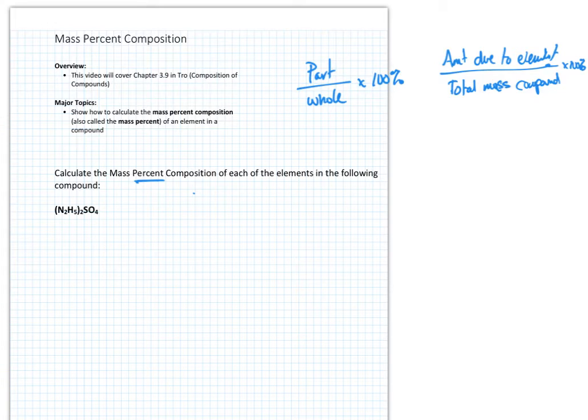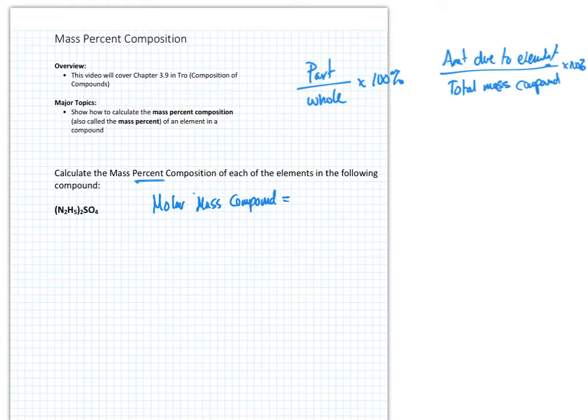The easiest way to do this is to think in terms of moles and to say, if we found the molar mass of this compound, that will give me the total mass of the compound. If I had 1 mole of this, that would tell me the total mass. And then I can find the number of moles of each particular element. So let's start with the molar mass of this compound.